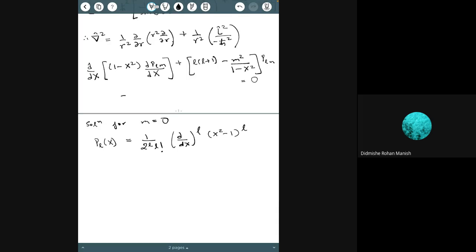Now luckily, once you know the solution for m equal to 0, mathematicians have shown that you can generate the solutions for m not equal to 0.